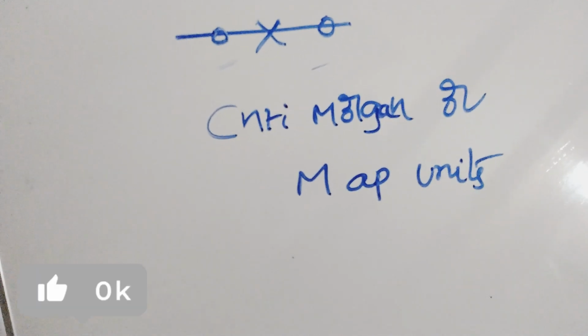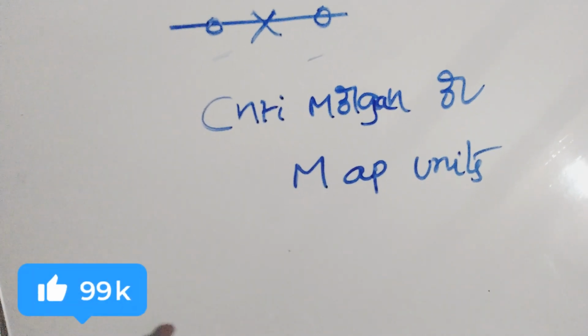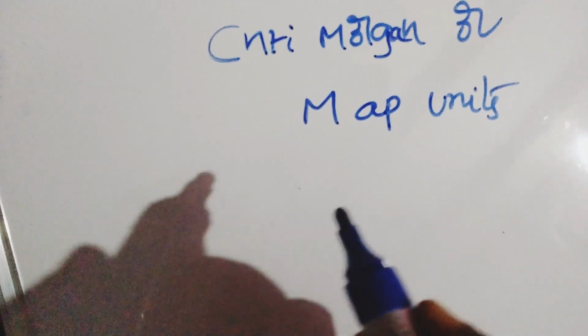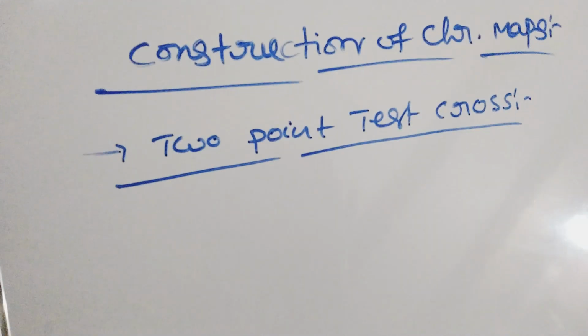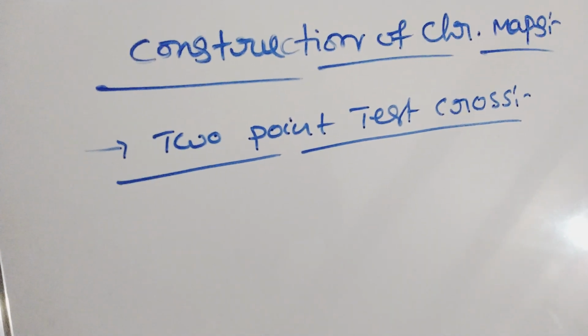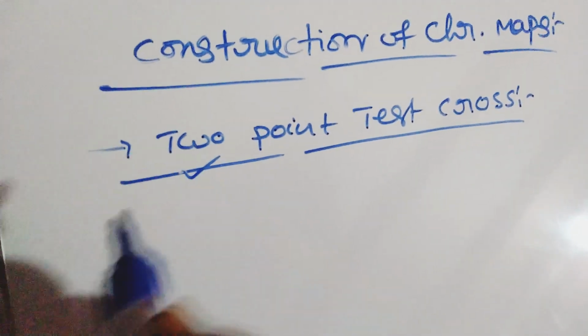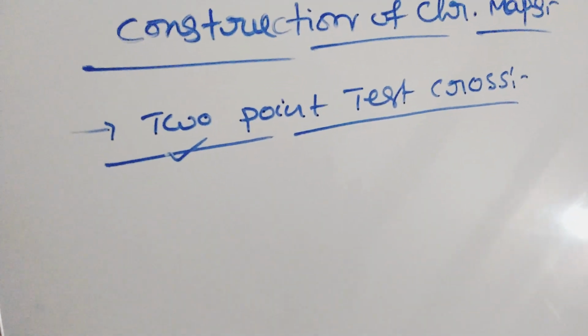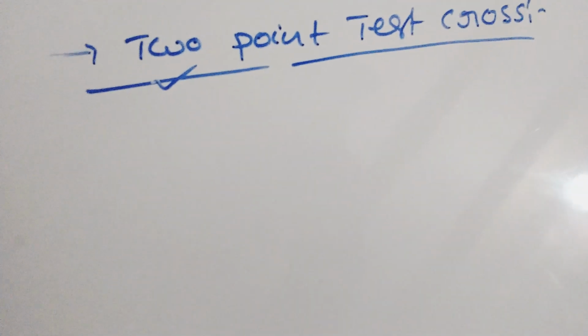Let's see the construction of chromosome maps. Let's see first the two-point test cross.